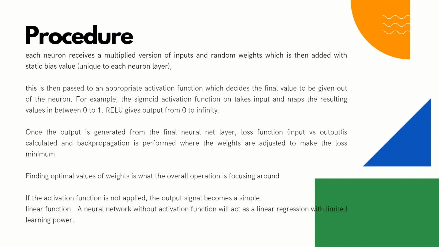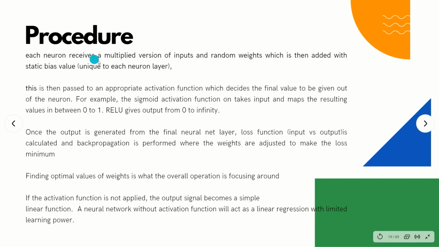Then this is passed to an appropriate activation function. There are different activation functions like sigmoid, ReLU. Every activation function has its own usage, but sigmoid and ReLU are the two most used activation functions when we talk about neural networks.